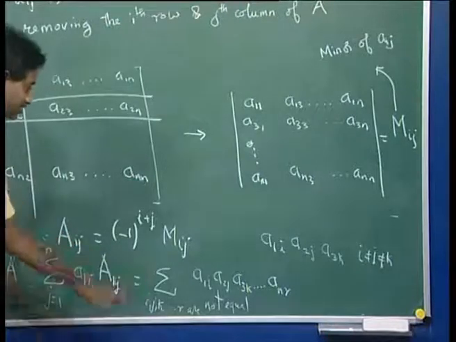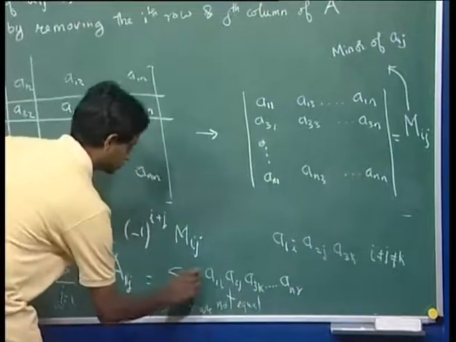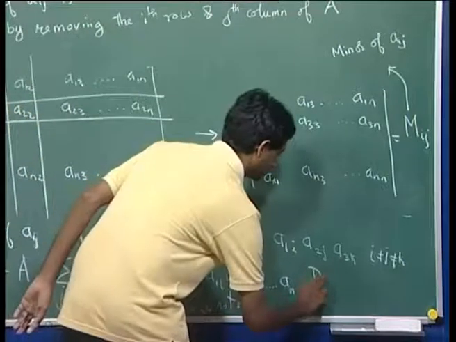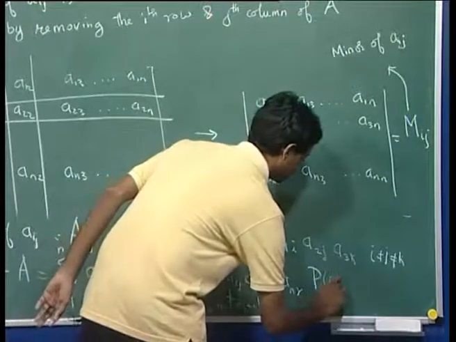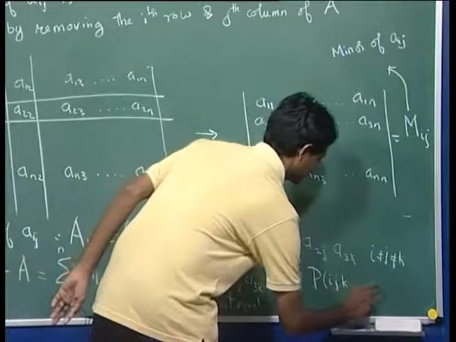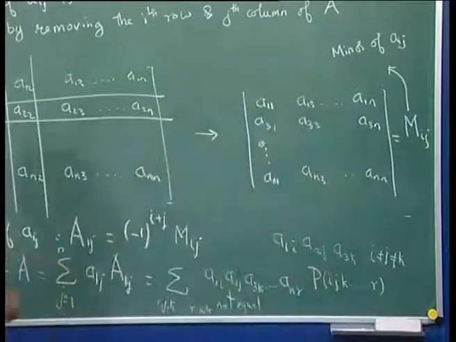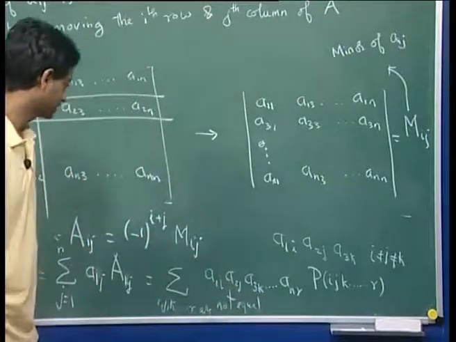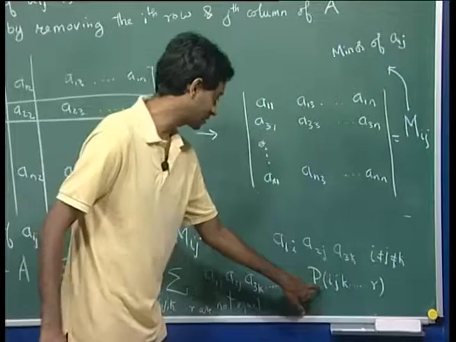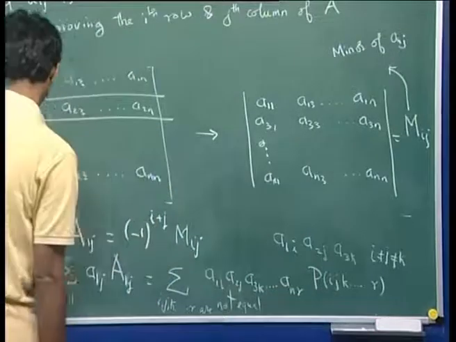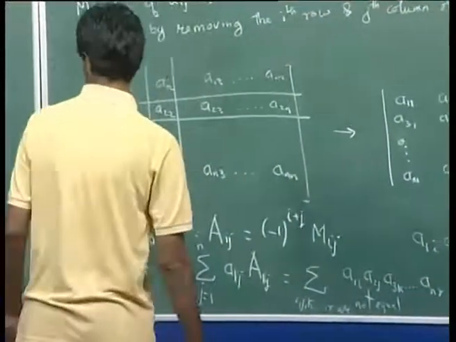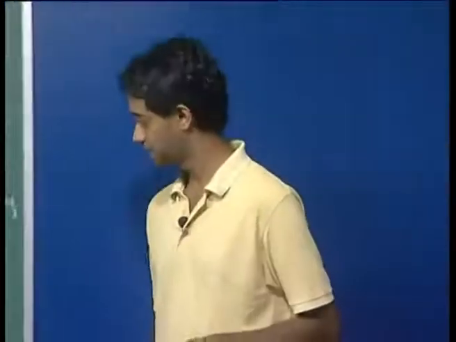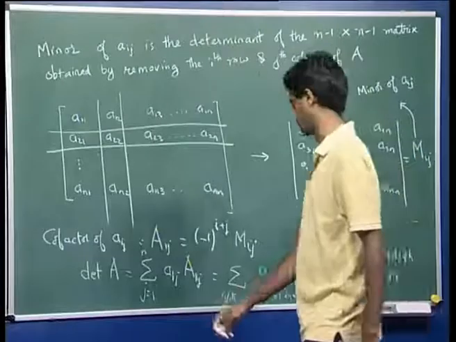And sometimes it is plus, sometimes it is minus. So there is a factor, I will write it here, so you multiply this by p of i, j, k up to r. So you sum over all possible terms of this form. But sometimes p is plus 1, sometimes p is minus 1. And this p is called the permutation index, and it can be plus or minus 1.